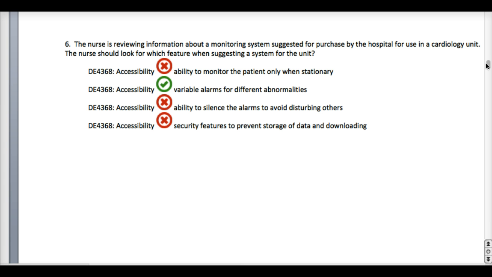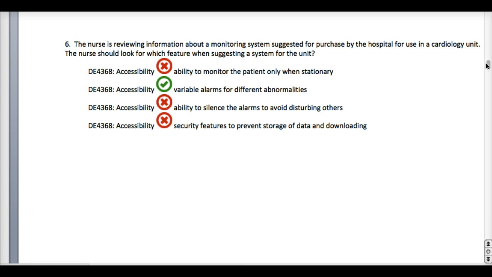Well, I'm certainly going to want to make sure that the nurses can easily understand the machines, that if they're going to be using them in cardiology, I'm going to want various alarms that the nurses can identify, and one that would coordinate with the electronic system and feed the information back into it. So let's take a look at the answers and see if anything relates to what I've thought about.